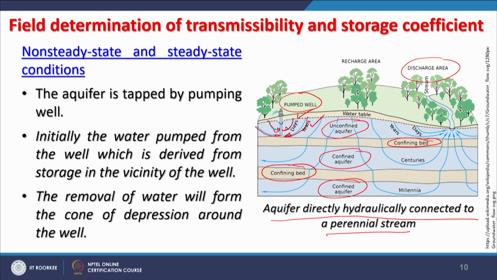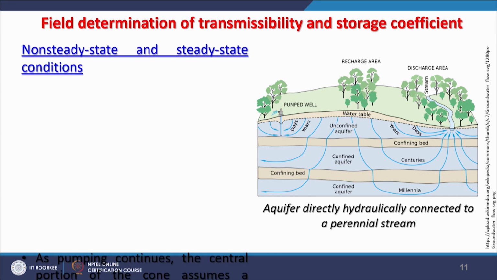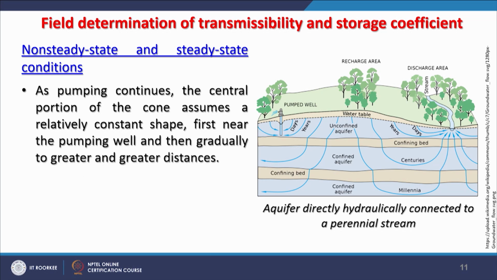Later, the removal of water forms the cone of depression around the well, and if we continue the pumping for some time, the central portion of the cone assumes a relatively constant shape, first near the pumping well and then gradually to greater and greater distances.